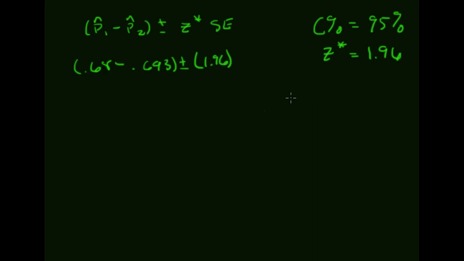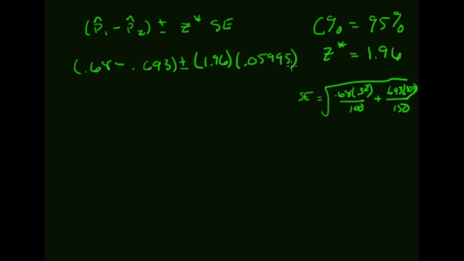For the standard error here, you have to remember to go back to the variance and build up. So the standard error becomes the square root of 0.68 times 0.32 over 100 plus 0.693 times 0.307 over 150, which works out to be roughly 0.05995.